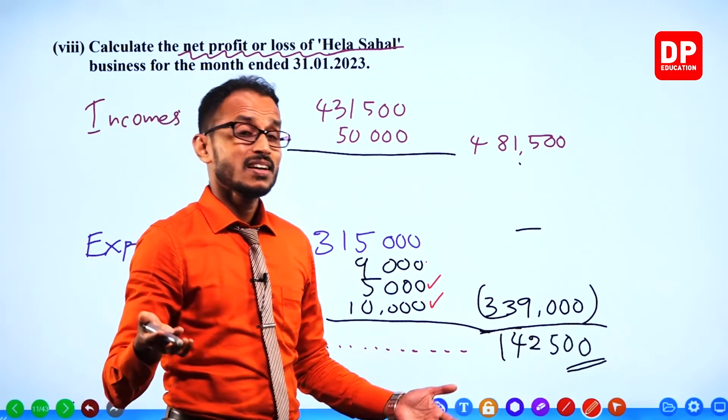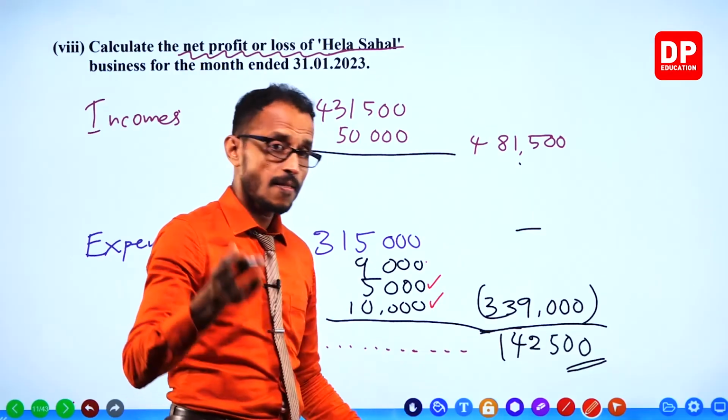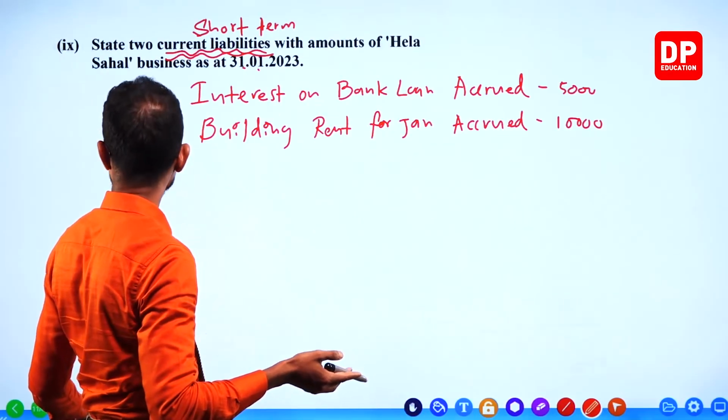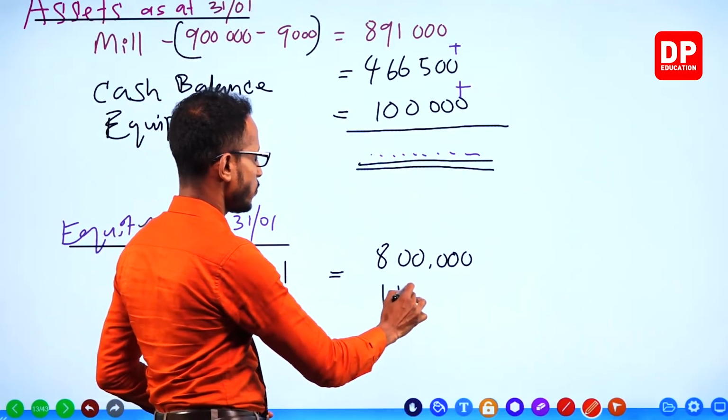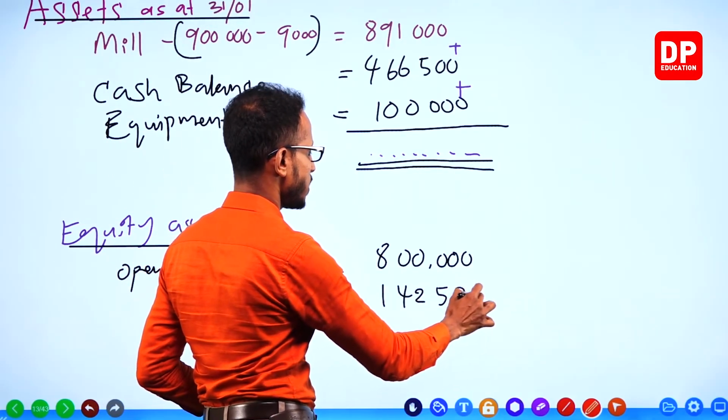I left that for you to calculate. Finally, I had to do it. 142,500. That is the net profit.